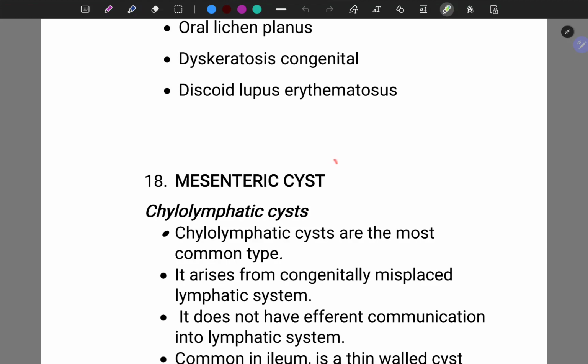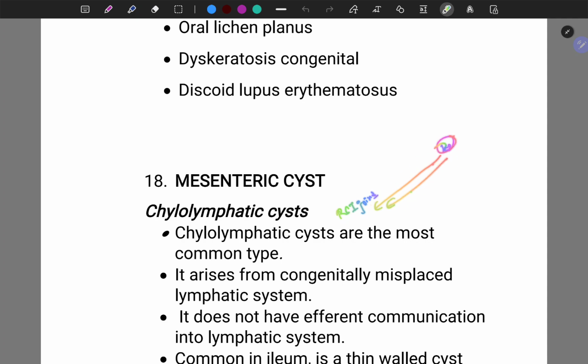With respect to the mesenteric cyst, I discussed the anatomy of the mesentery in the basic surgery anatomy video. The mesentery originates from the L2 left lateral border, and from there it is attached to the right sacroiliac joint.